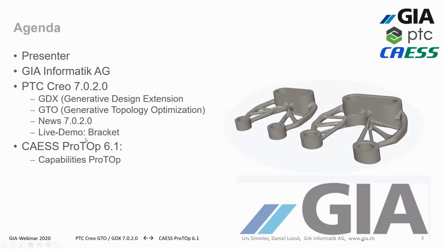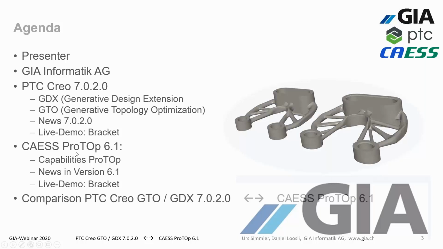Later on, we'll see the topology optimization product from CAESS, and also a live presentation where we are going to optimize the same bracket. And at the end, we'll have a little slide about the comparison of these two products.